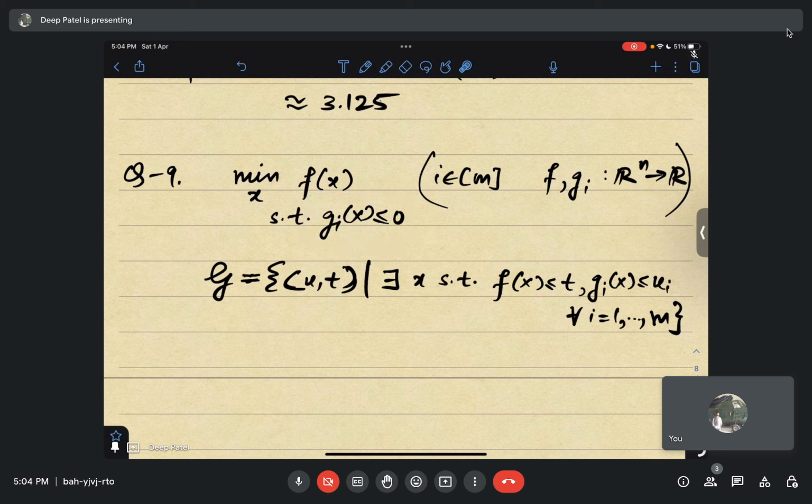Suppose we are given minimize f(x), but when you put f(x) less than or equal to t, we are somehow expanding the class of problems to consider. Suppose the constraint says g_i(x) is less than or equal to 0, but now you are putting an arbitrary value u_i. So somehow you are broadening the class of problems, right? So does that help in defining the dual space, the joint space of the constraint and the problem itself?